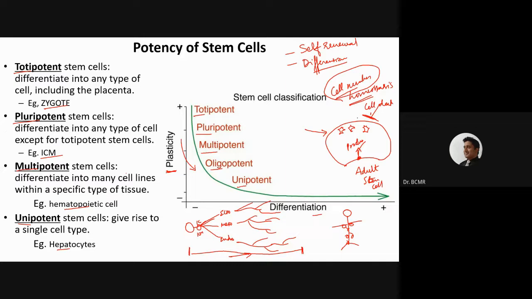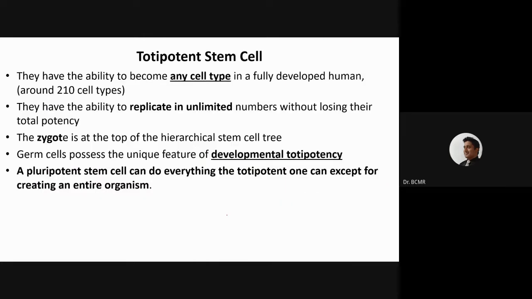I hope this is a good quick review of what we have learned. We have learned about epidermal stem cells that are present in the skin and keep replenishing the skin, for example, or the gastrointestinal tract. We also discussed human embryonic stem cells, and there are about 210 cell types in our body.